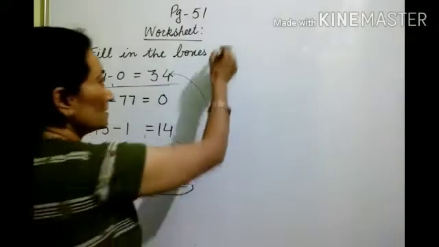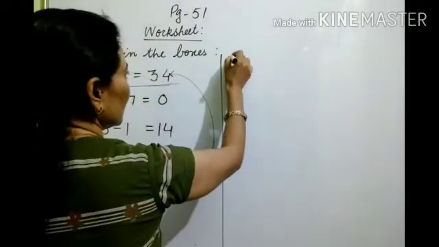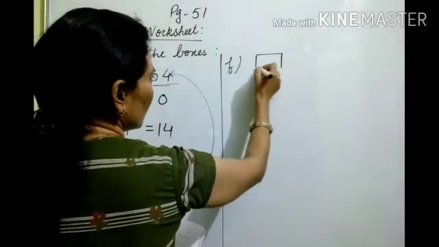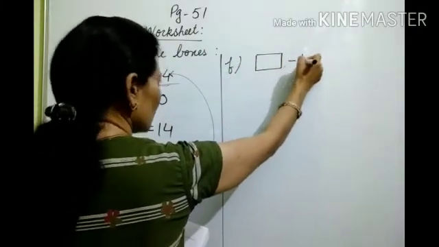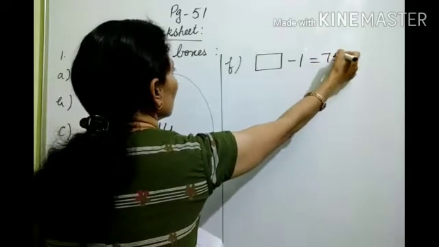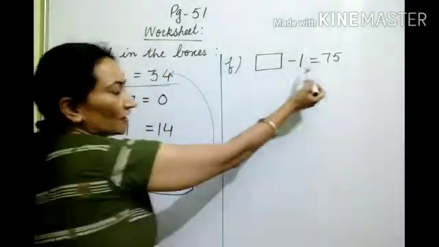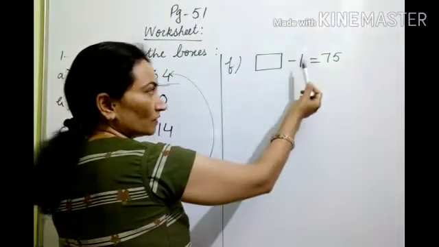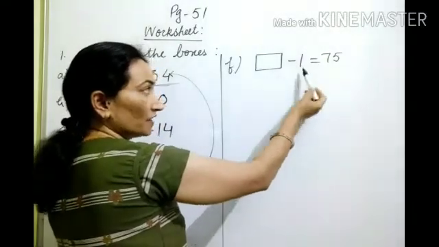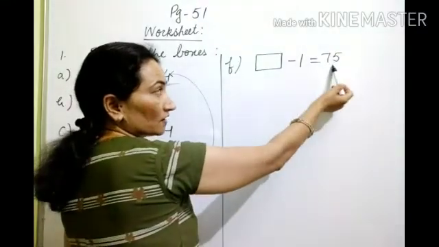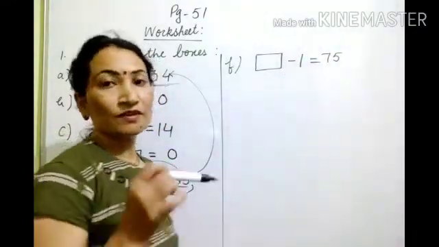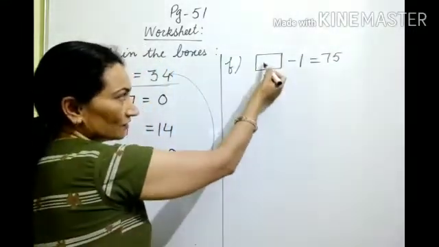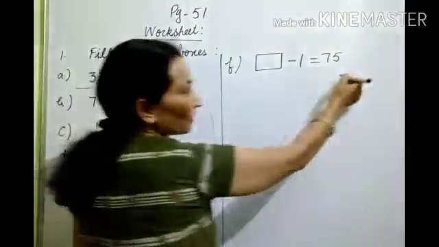Now let's take F part. A blank box is given, minus 1. I told you that if we subtract 1 from any number, then the number just before comes. Now to find the first number, what will we do?